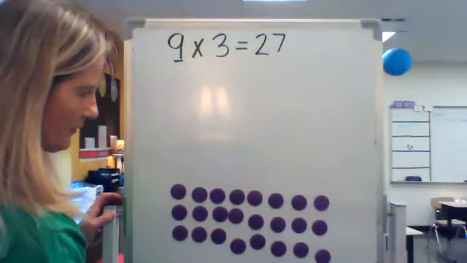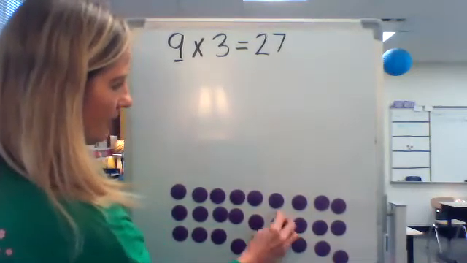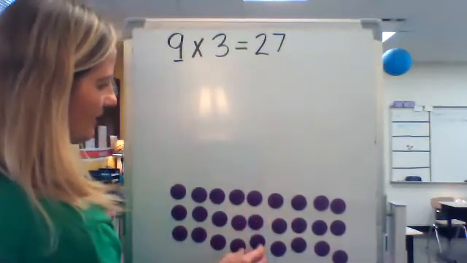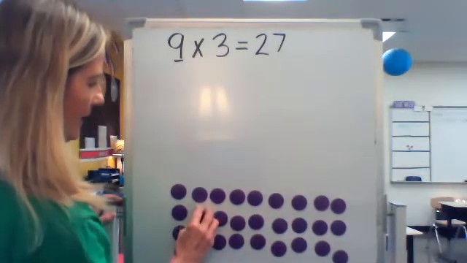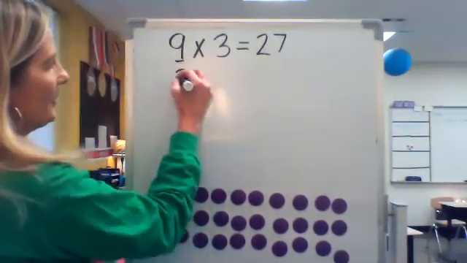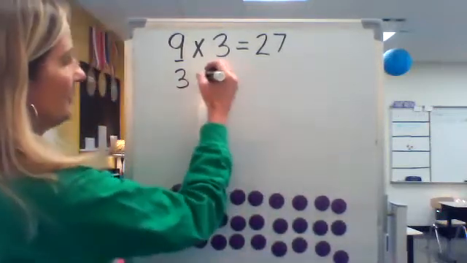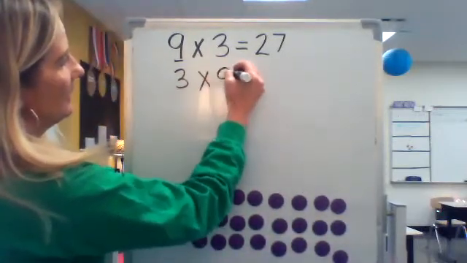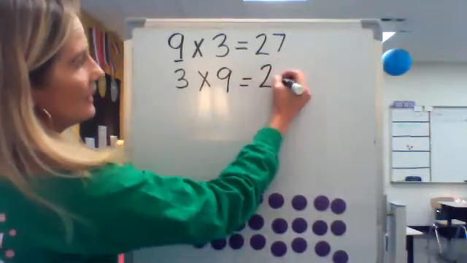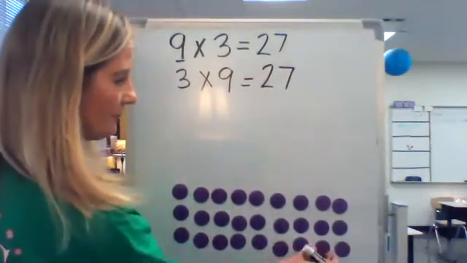I have one more group of 3 left, so it must be on the end here. So 3 groups, yes, of course, it's 9. 3 groups of 9. So let's go ahead and write that. I have 3 groups now, and there's 9 in each group. Groups of 9 still equals 27. I don't really have to do much calculating at all there, do I?